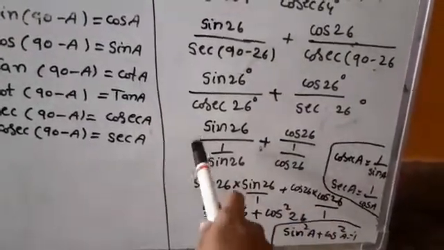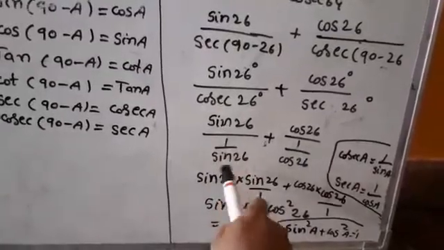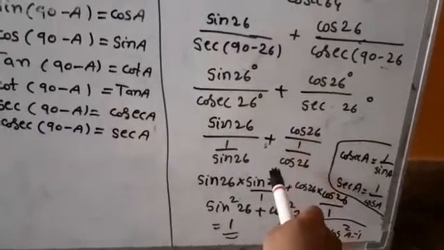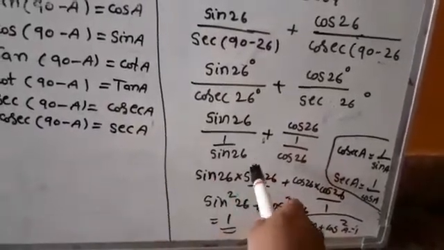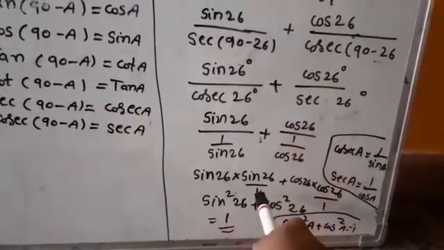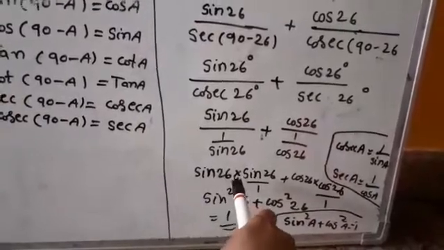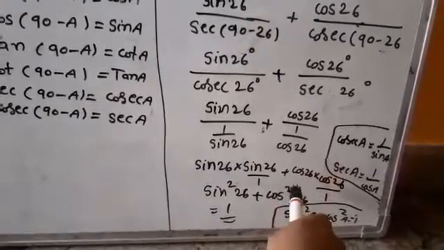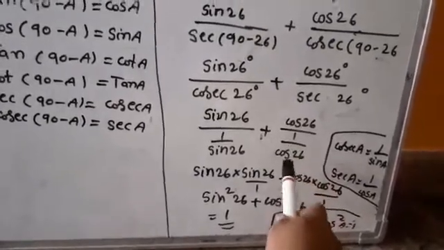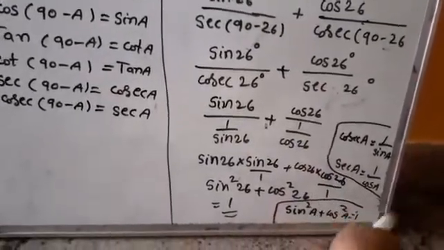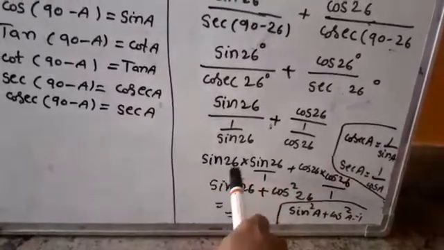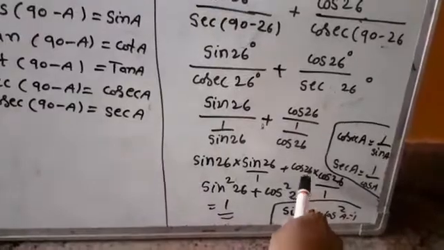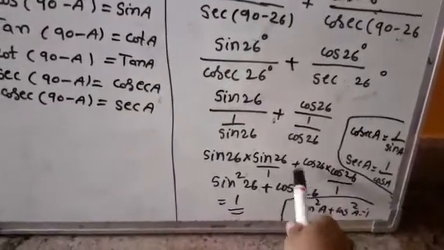So next, sin 26 into 1 by sin 26: it goes to the numerator as a reciprocal, so sin 26 by 1. That's sin 26 into sin 26 by 1, plus cos 26 into cos 26 by 1. Next step: sin 26 into sin 26 is sin square 26, plus cos square 26.